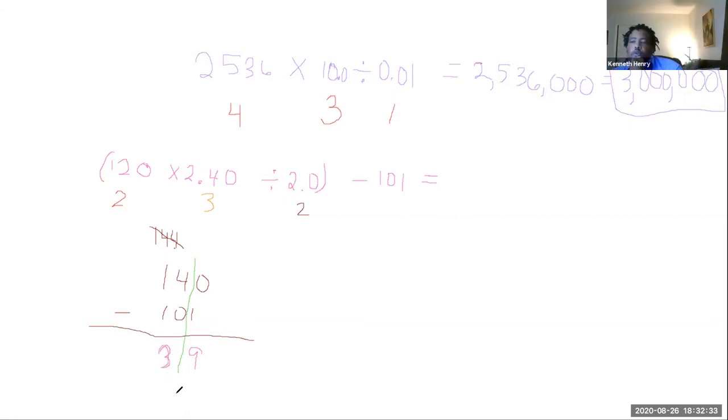You always go with the one that is the furthest to the left. Okay, so what should be my answer? 39? No. It's just 40. That is correct.